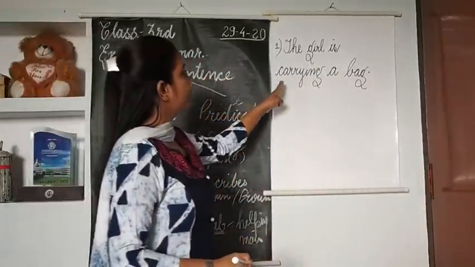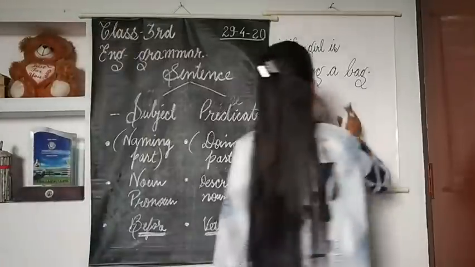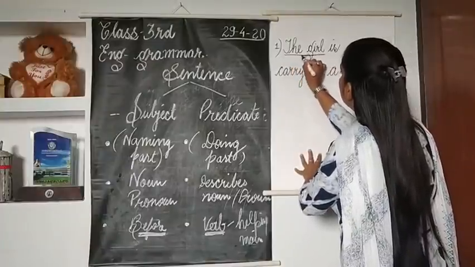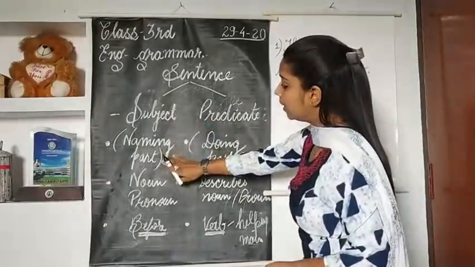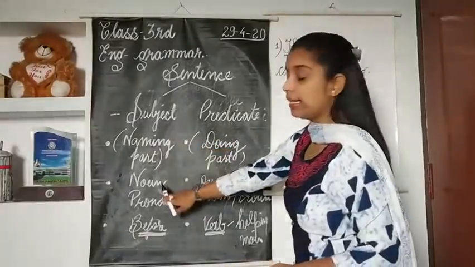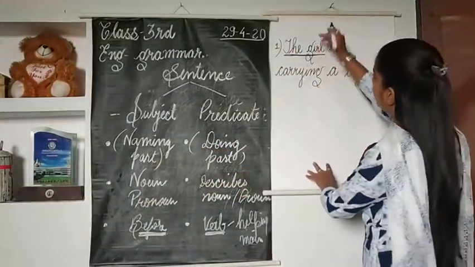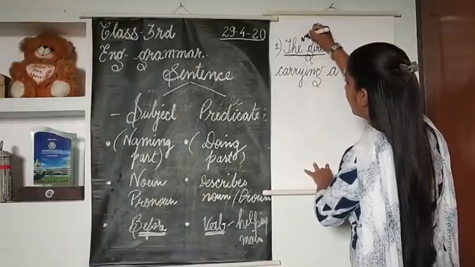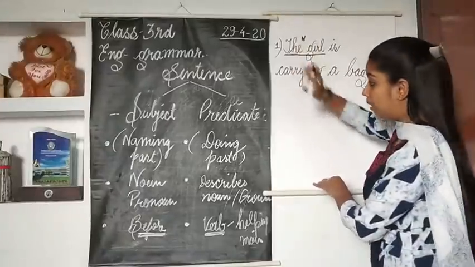Now you can see, children, in the very first sentence, the girl here is, first of all, as I told you, the naming part. Subject is always the naming part, which comprises of either noun or pronoun. So here in the sentence you can see the girl is a noun, and it is a person.